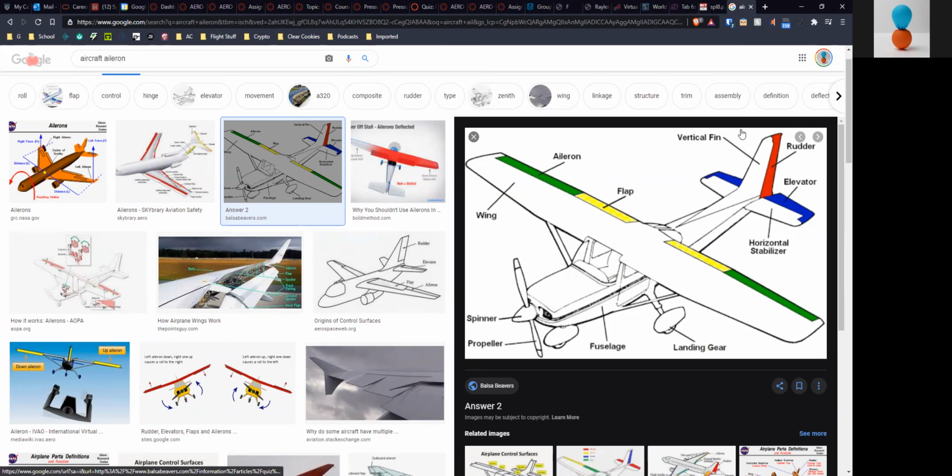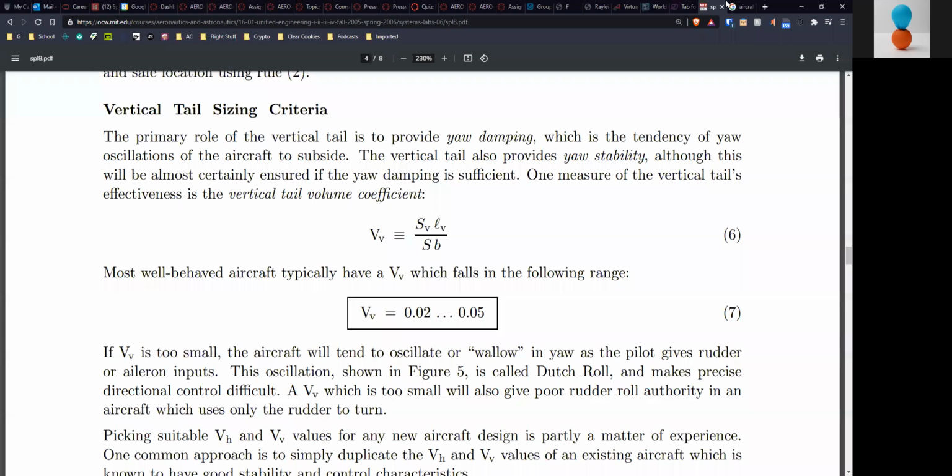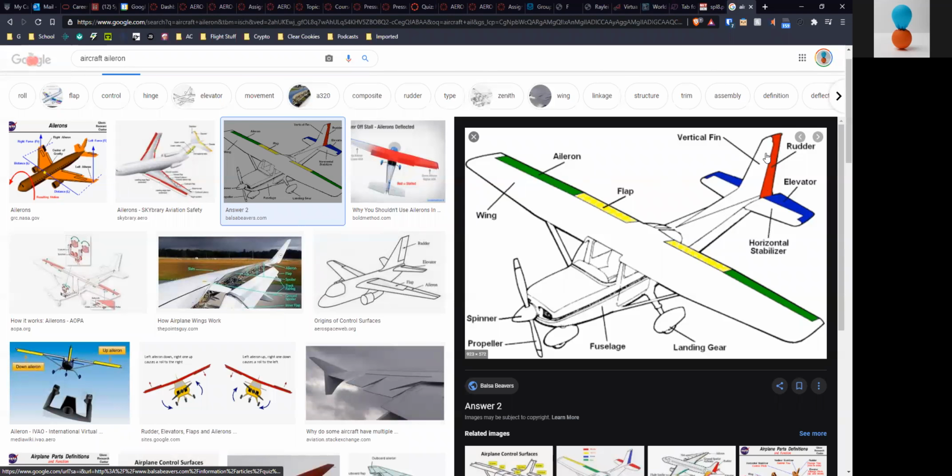So if the airflow is going this way and you put the fin at the back, then if the tail starts to deflect that way, it generates a force in the opposite direction and gets pushed back to center. And the rudder is just the movable part of that, so that you can change that on purpose if you want.